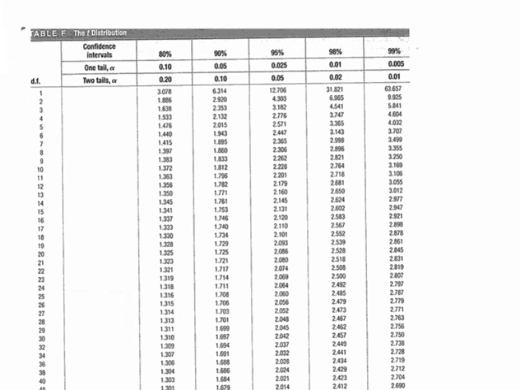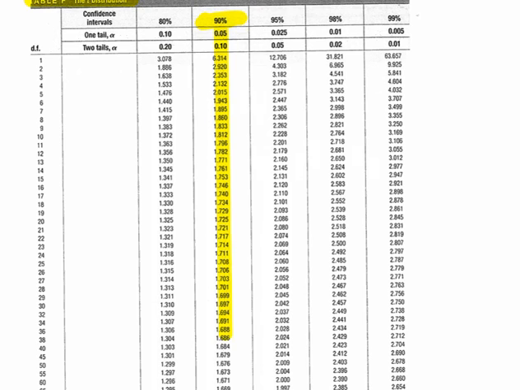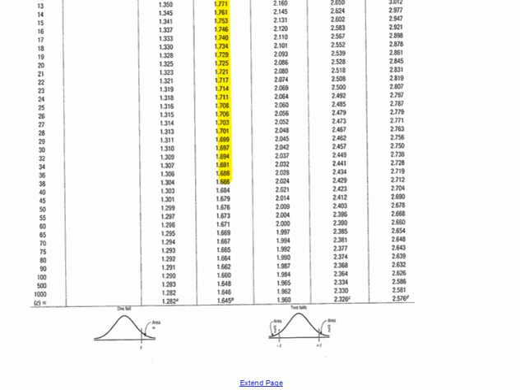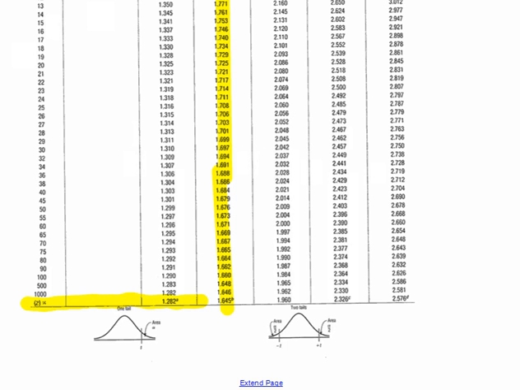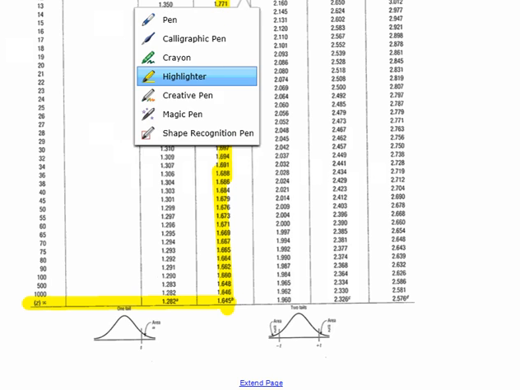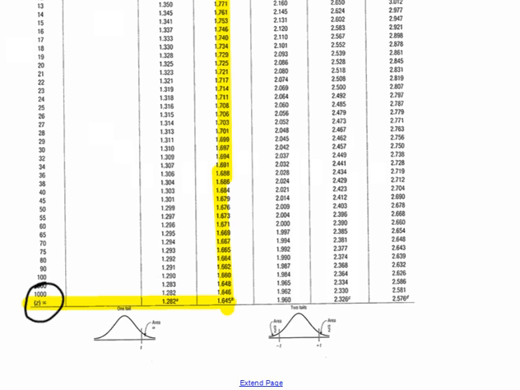If you look now at the t distribution table, notice there's a 90% confidence interval. Now if we scroll all the way down that column, you'll notice that the corresponding z here is 1.645. So that's for a 90% confidence interval.